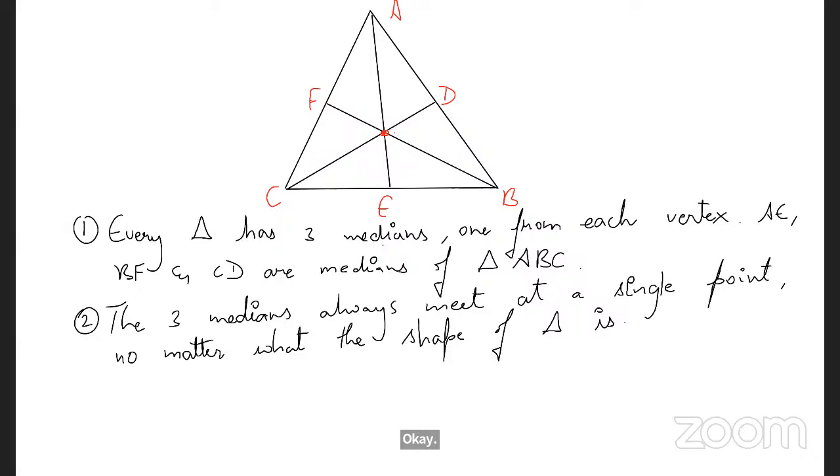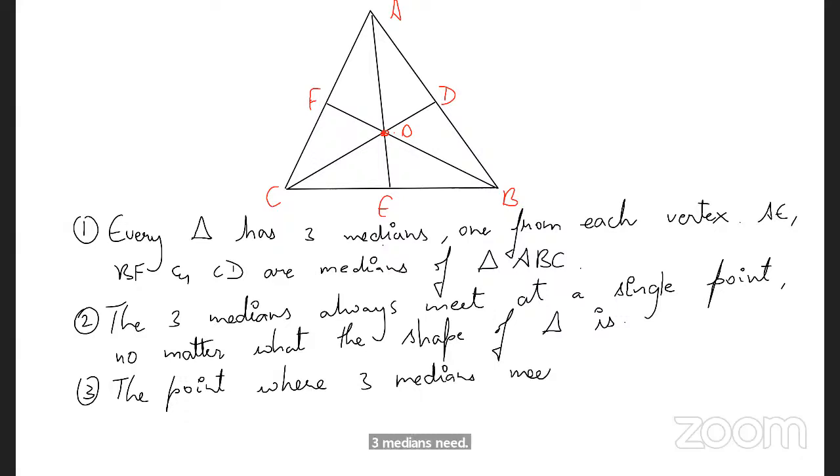Let's name this point O. In our triangle, let's name it O. So the point where three medians meet is called the centroid. Okay. Point O is now in our triangle.